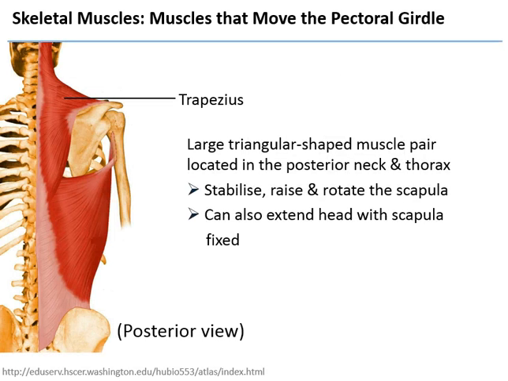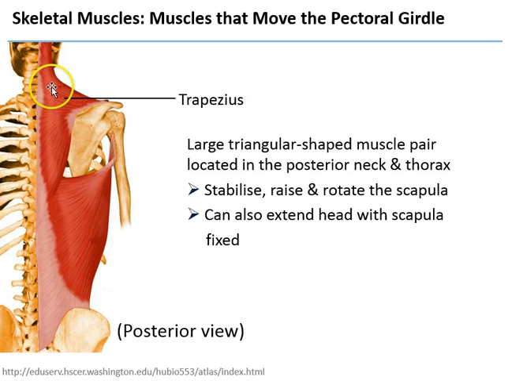Next, I'll discuss a muscle that moves bones of the pectoral girdle, that is, the clavicle and the scapula. The muscle is the trapezius. These are a pair of triangular muscles located on the posterior neck and thorax. The right trapezius is shown here. This muscle extends from the spine medially to the scapula laterally.